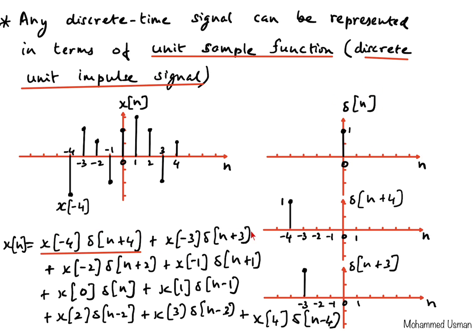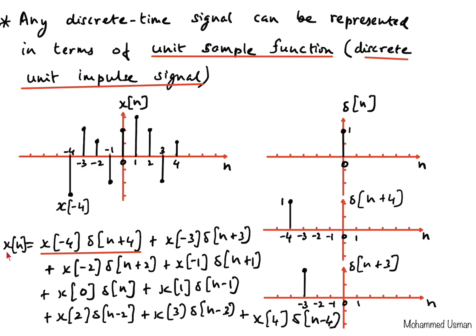Similarly, this second term here is a scaled and shifted version of this delta of n. It is shifted to the left by 3 and scaled by x of minus 3. Similarly, this delta of n plus 2 is a shifted version of delta of n to the left by 2 and scaled by a factor x of minus 2.